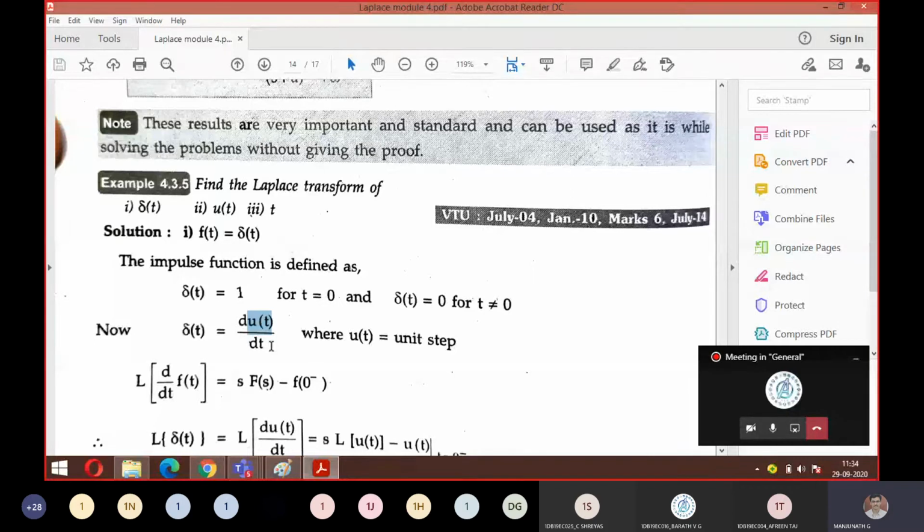So why am I differentiating u of t itself? Because it is a unit step function which always has amplitude 1. The ramp function does not have unit amplitude, so that signal can't go into the delta function. Since delta of t is always equal to 1, I need to consider my u of t function. That is why the differentiation is taken with respect to u of t. Am I clear?